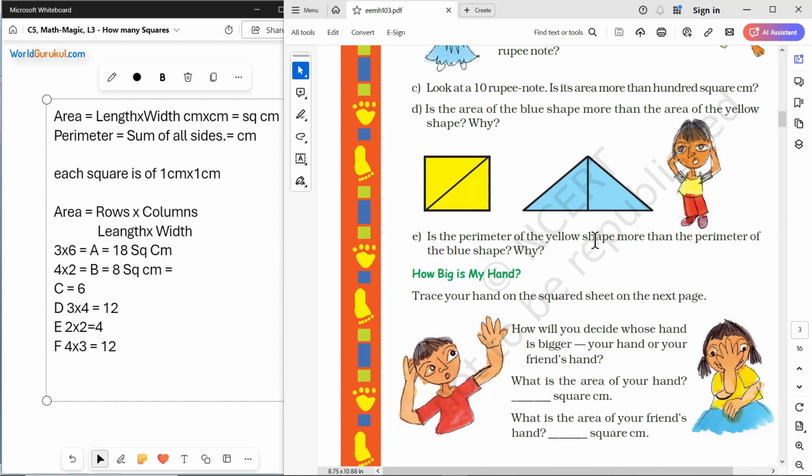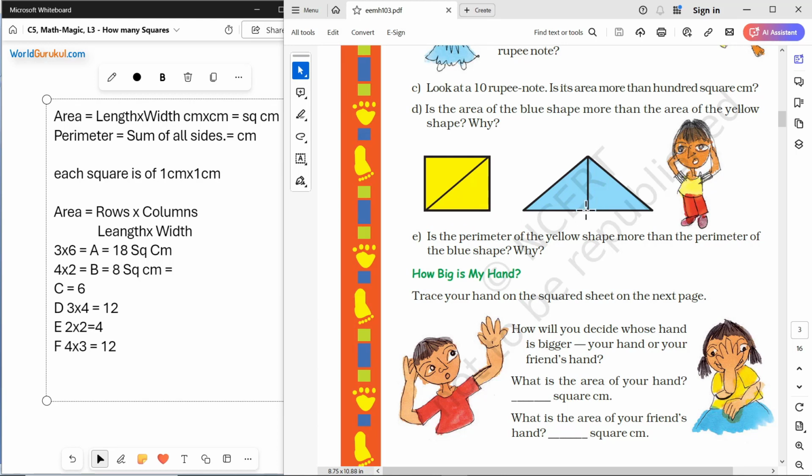Is the perimeter of the yellow shape more than the perimeter of the blue shape? Okay, so let us say each side is 1 centimeter. So the perimeter of this square is going to be 4 times 1, that is 4 centimeter, right? And this blue shape, we just calculated that it is a rectangle and not a square, and the bottom side is longer than the bottom side of the square.